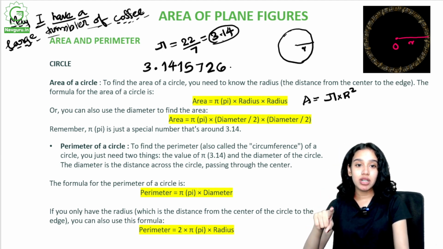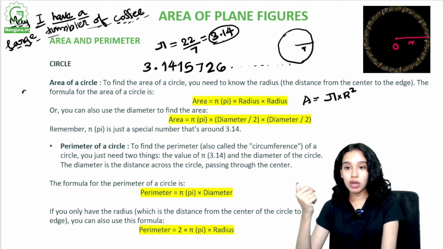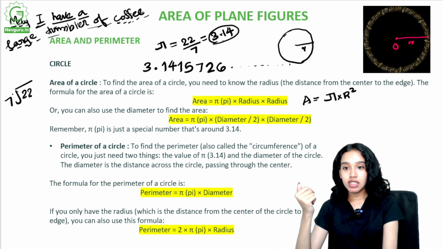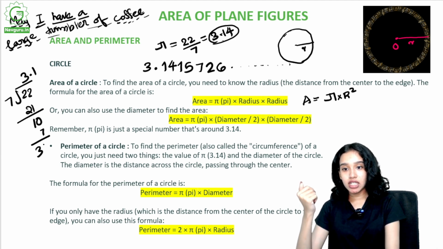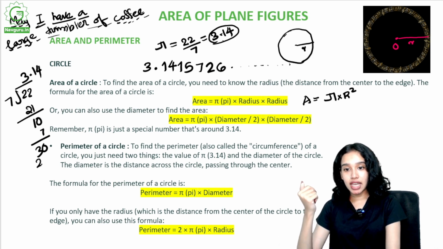Now this number could be actually extended a lot. Why? Let's see the division of 22 by 7, right? 3 sevens are 21, right? Now we get a balance 10, we put a point, 1 sevens are 7, we get 3, 0, right? We have 4 sevens are 28, right?